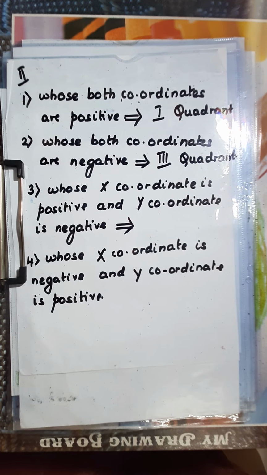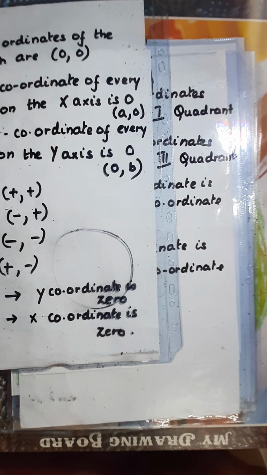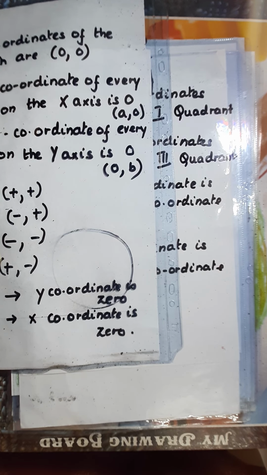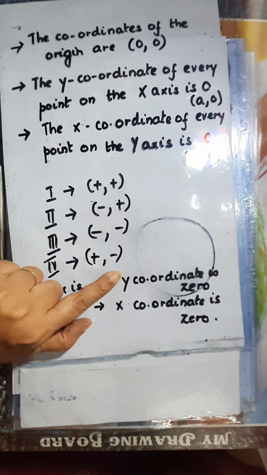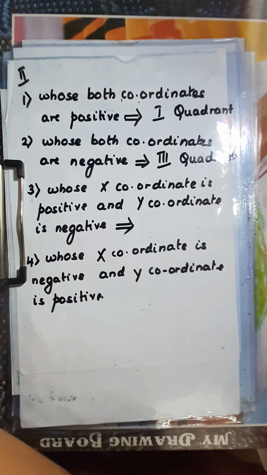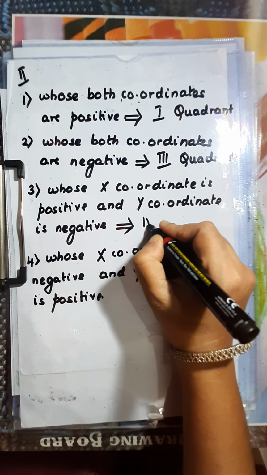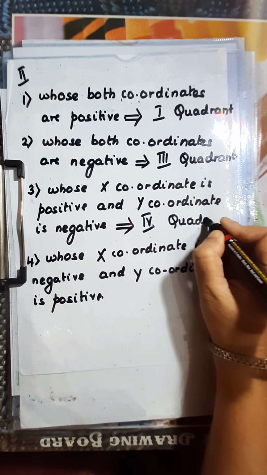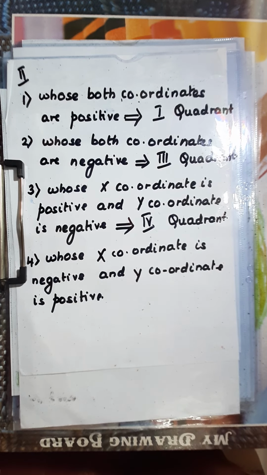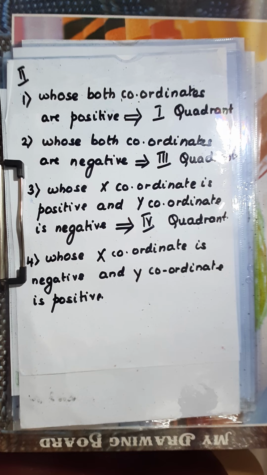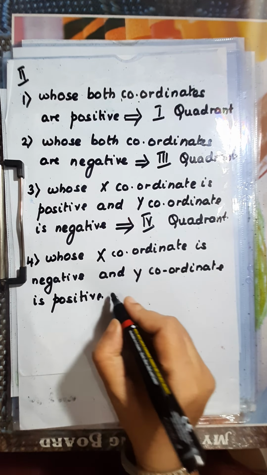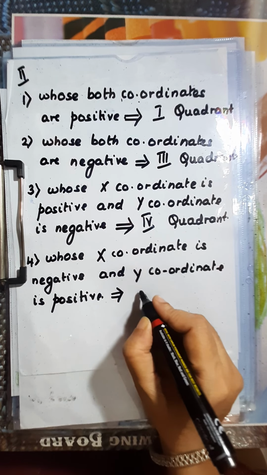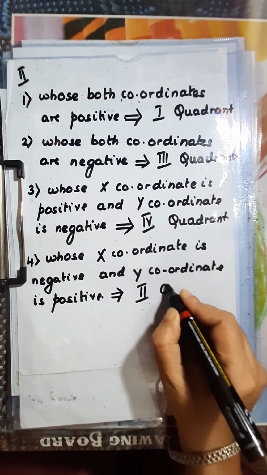Whose x coordinate is positive and y is negative. Which quadrant? Fourth quadrant. And the last one, whose x coordinate is negative and y coordinate is positive. Which quadrant does it lie in? Second quadrant.